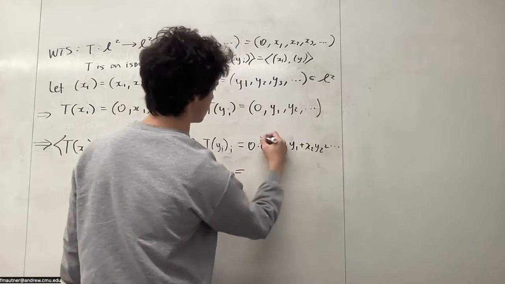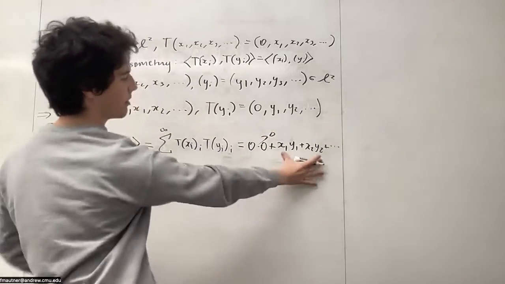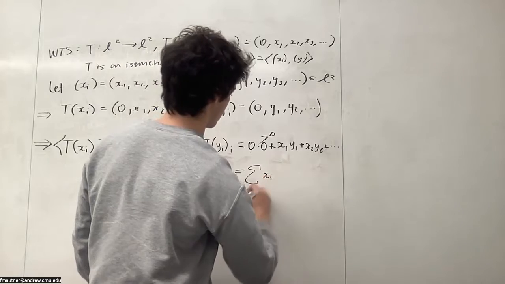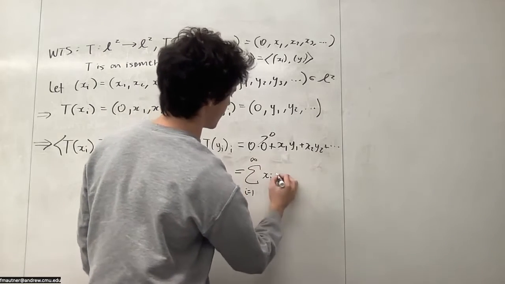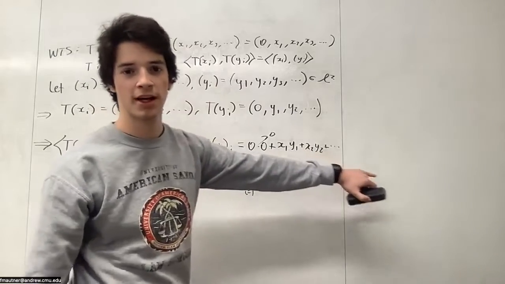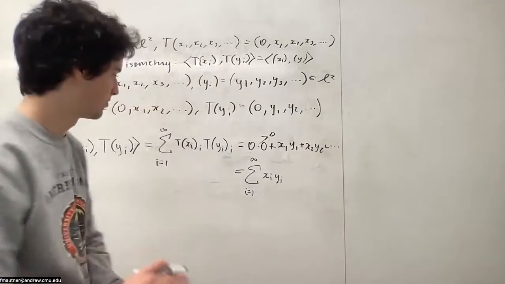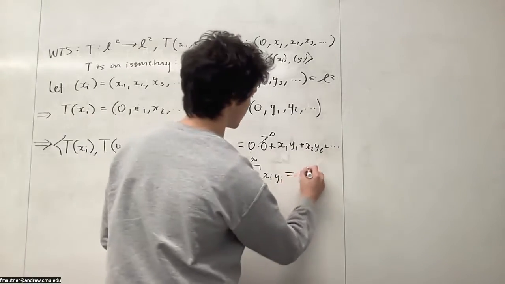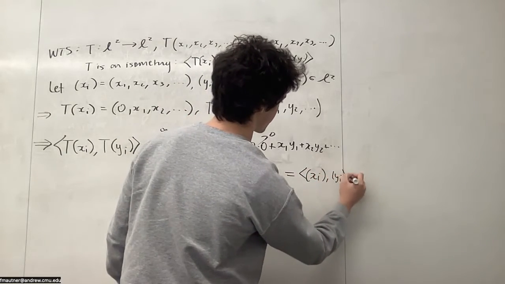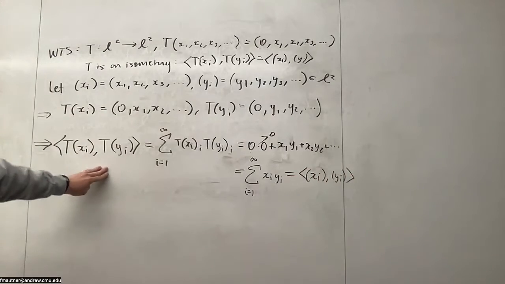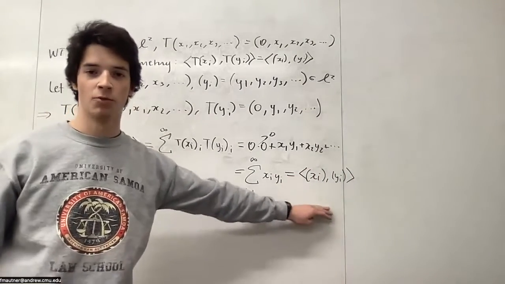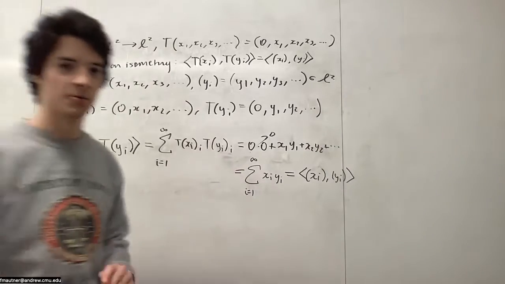Of course, 0 times 0 is just 0. We can take the rest of the sum and rewrite it as the sum from i equals 1 to infinity of xi yi, as we start summing from 1 and then x2 y2, x3 y3, x4 y4, and so on, away to infinity. But this is exactly the definition of the inner product of xi and yi. And so we found that if we take the inner product of T of xi and T of yi, we get the inner product of xi and yi, showing that T is indeed an isometry.